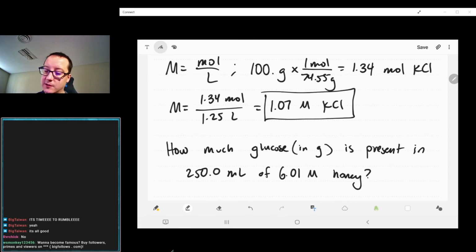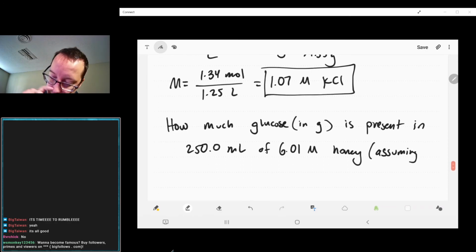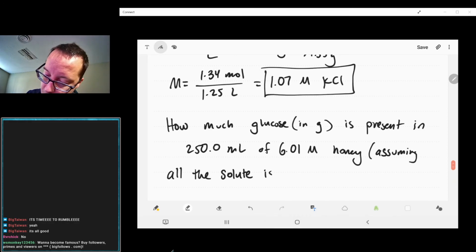So we're just assuming all the sugar is glucose. There's probably other fructose and sucrose in there. Who cares? We'll just pretend.